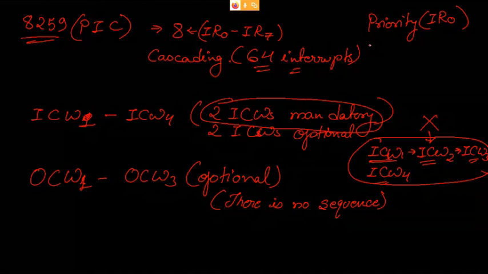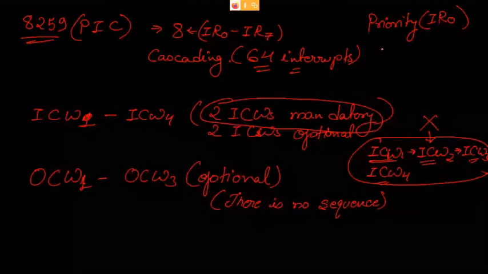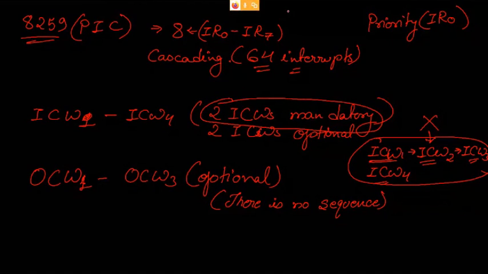Similarly, interrupts are totally asynchronous. They don't come according to the clock. They can come at any moment of the clock, be it rising edge, level, or falling edge. So when we talk about interrupts, we have to keep in mind the type of triggering that they can support.